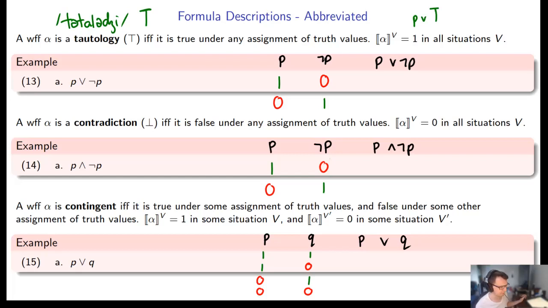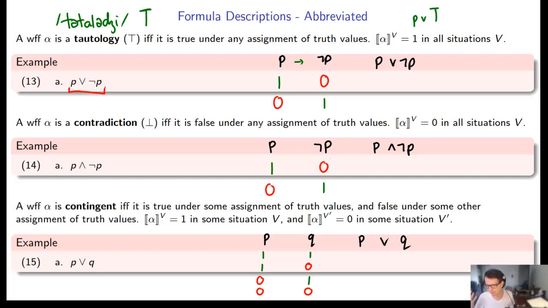One example of a well-formed formula that is always true is something like P or not P. So I can show you a truth table for this. If you set up a truth table for P, in one situation it'll be true, another situation it'll be false, and we set up not P for that. So this is the case where we flip it. If P is true, not P is false. If P is false, not P is true. And then we ask, what happens if we take P or not P?